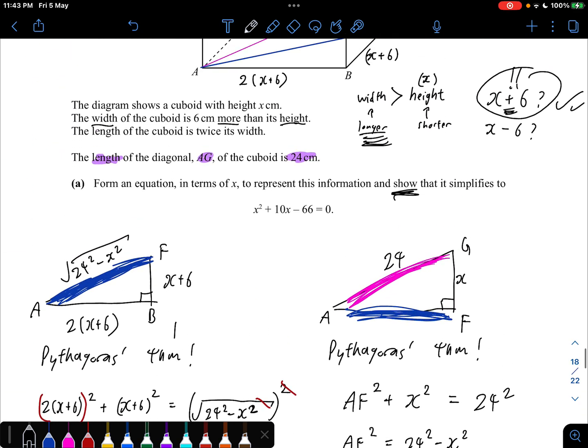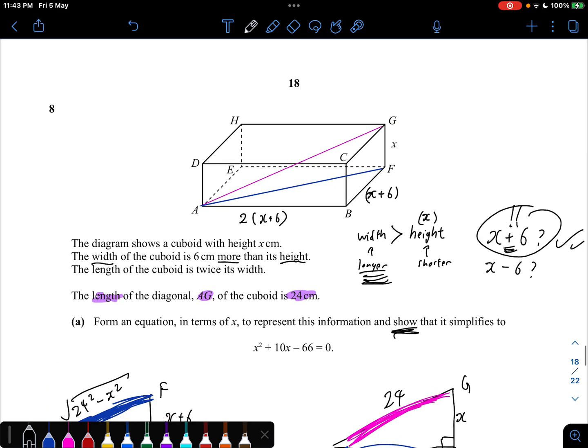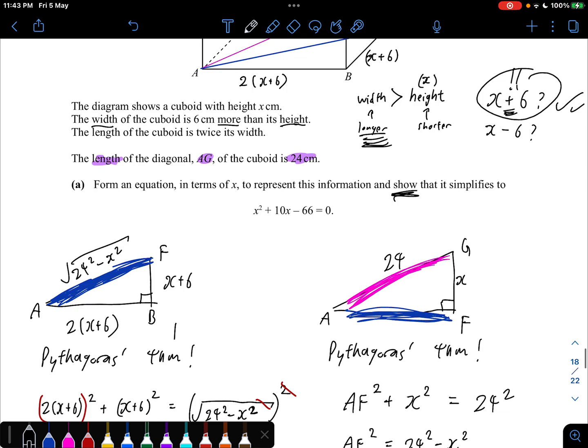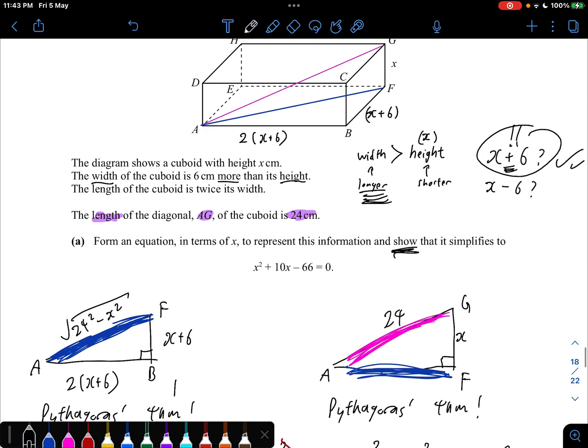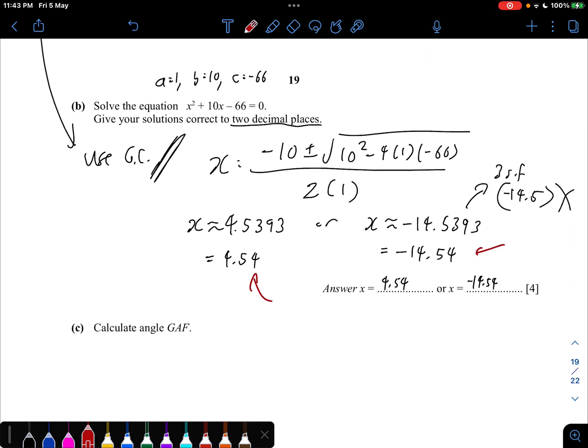What's GAF? Let's see. GAF. This is a topic on trigonometry that you haven't learned yet, so we won't be covering it. Okay. But just for fun, let me just do it. So in this case, GAF is an angle. You have opposite here and a hypotenuse there. We know x is what? X is this guy or that guy.